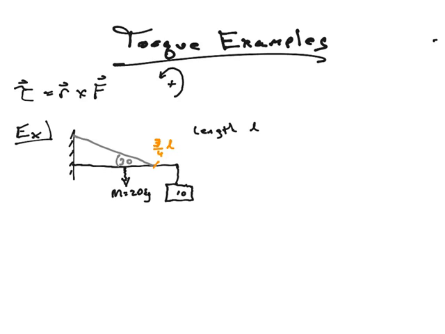The pole itself has a length of L, and its mass is 20 kilograms. There's a sign hung at the end of the pole whose mass is 10 kilograms, and the pole is tethered to the wall at the 3/4 mark. And the way it's arranged, this rope, this wire, makes an angle of 30 degrees.